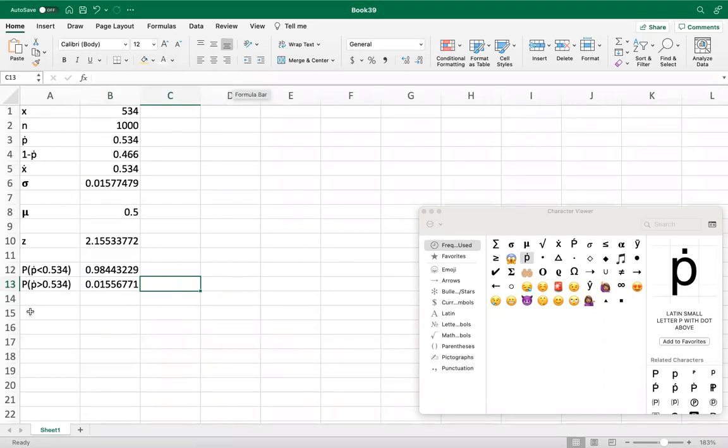And there we go. So now what this value tells us, let's clear this out. What this value tells us, well, actually, there we go.